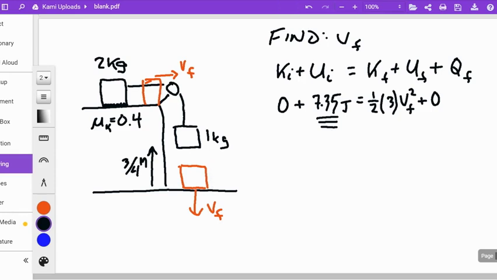And then we're going to have some frictional energy. I'm going to circle this. That energy is going to be equal to the work that gets done by friction.